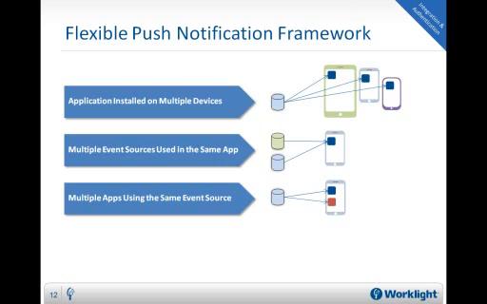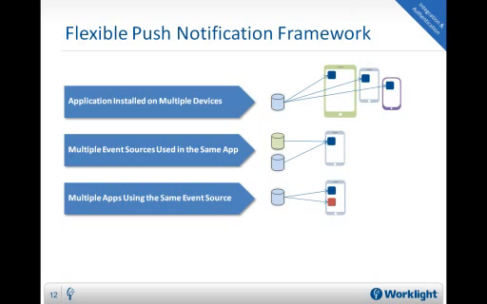The third scenario is where multiple applications use the same event source. Here, different Worklight apps installed on the same device can subscribe to the same event source. Each subscription is maintained separately by the Worklight server and is delivered separately for each application. So again, each application can handle the notification separately as appropriate.